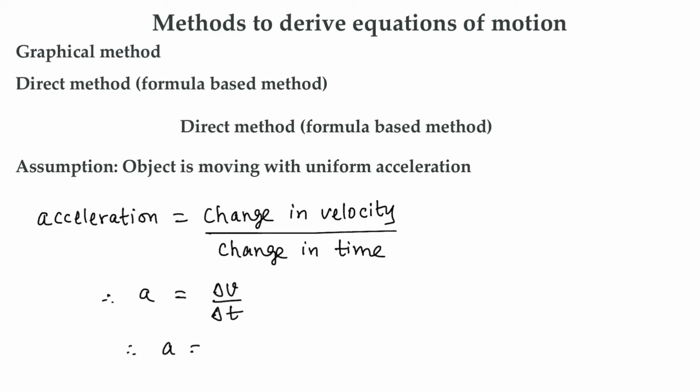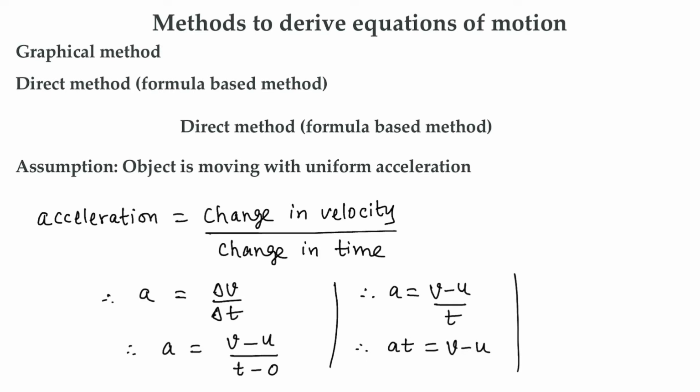So acceleration is equal to final velocity v minus initial velocity u upon t minus 0. So we get a is equal to v minus u upon t. And on rearranging these terms, we get at is equal to v minus u. So v is equal to u plus at. This is first equation of motion.